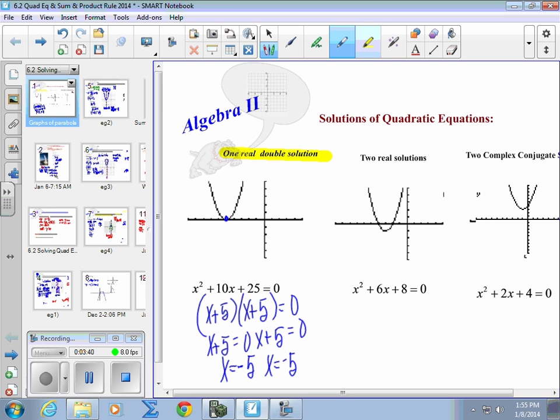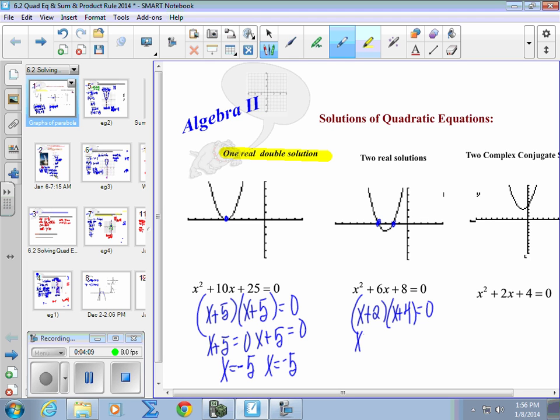In the next picture, you'll see that the curve crosses the x-axis and intersects it in 2 places. In this case, we have 2 real roots. Those roots can be rational numbers or irrational numbers. The equation that I have here factors into x plus 2 times x plus 4.